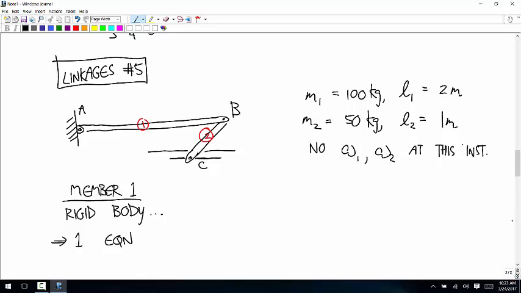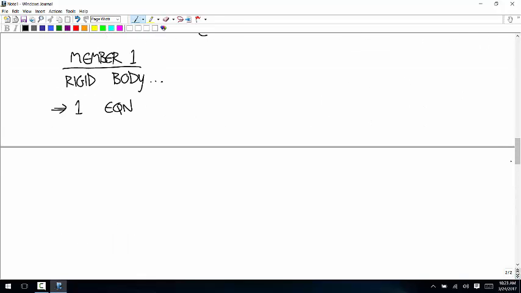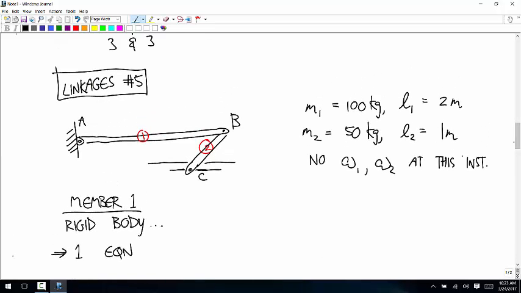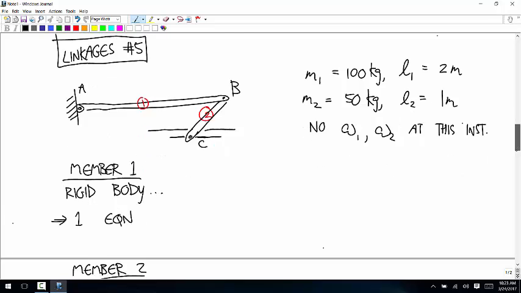And then number 2, do the rigid body analysis. How many useful equations are you going to get out of that? 3, because that one doesn't have a fixed point.